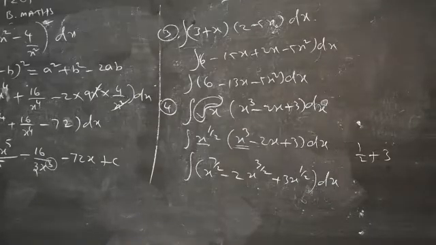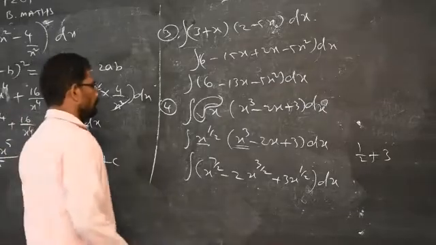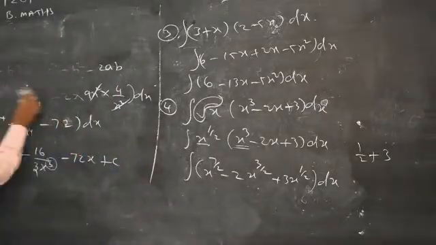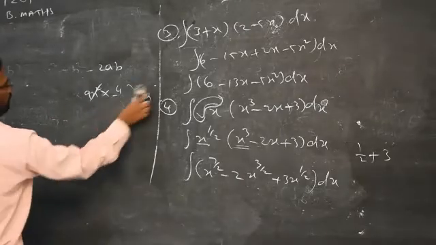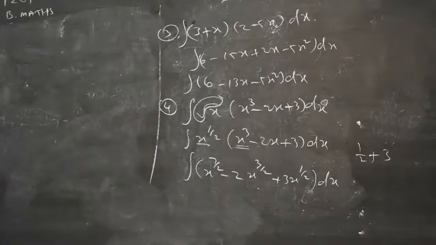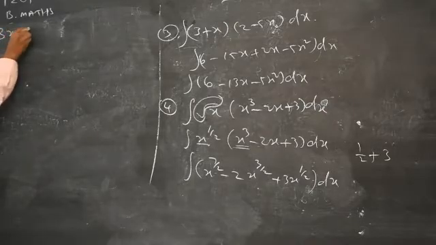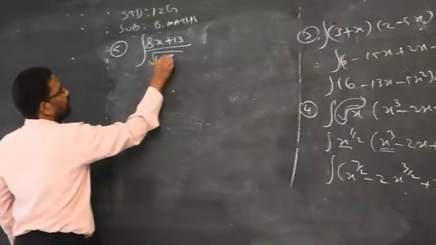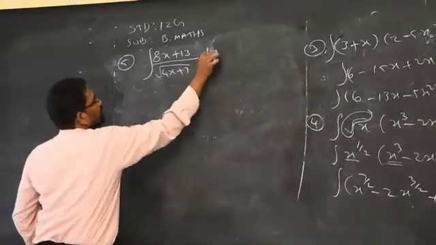Then sum number 5. This is only a little different from the previous model. Sum number 5 is given: integral of (8x plus 13) by square root of (4x plus 7) dx.